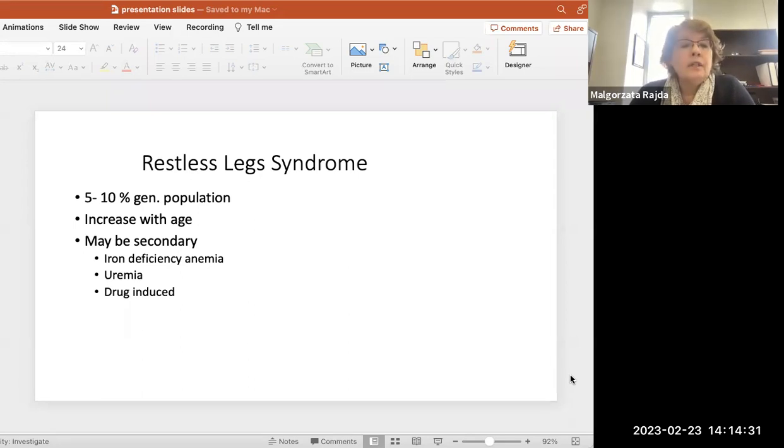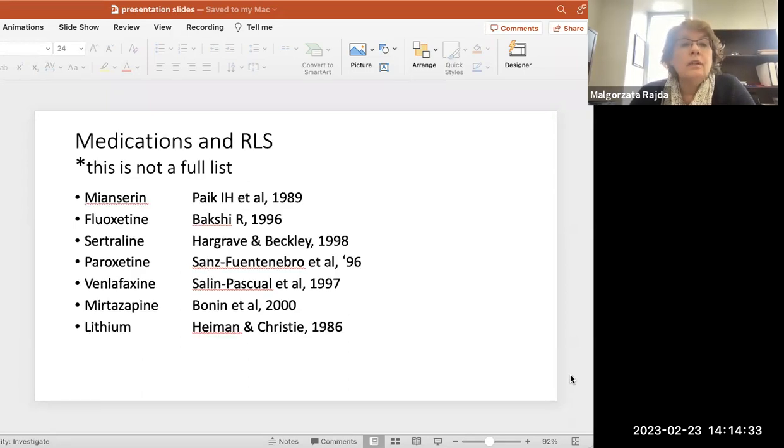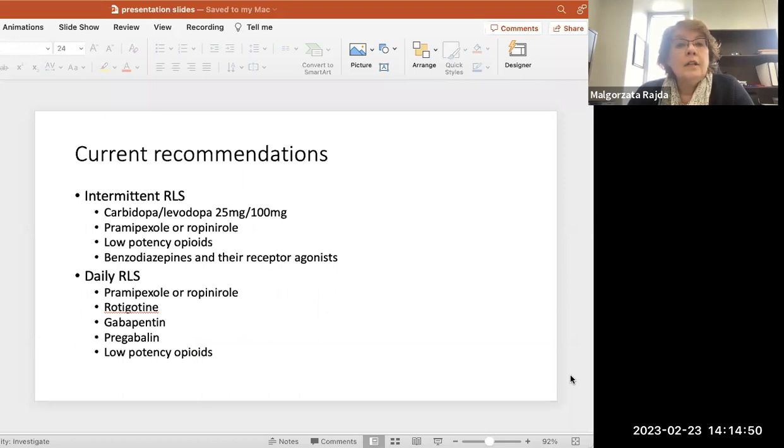Important for psychiatrists, it can be drug-induced, and here is a partial list of medications that are linked to restless legs. As you see, it's a lot of things that we use in our daily practice with patients. If the restless legs occur intermittently, if it's not every night, my first line is to review the medications and see what can be stopped or decreased.